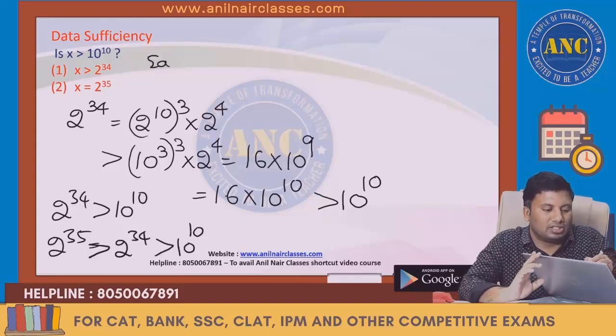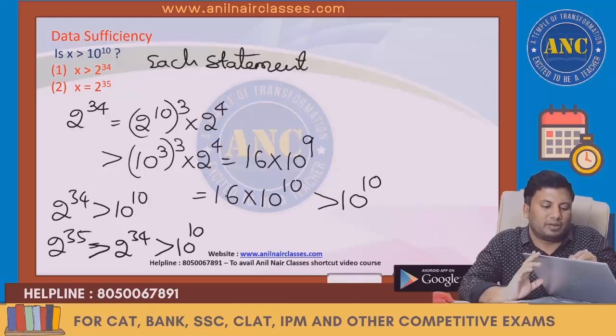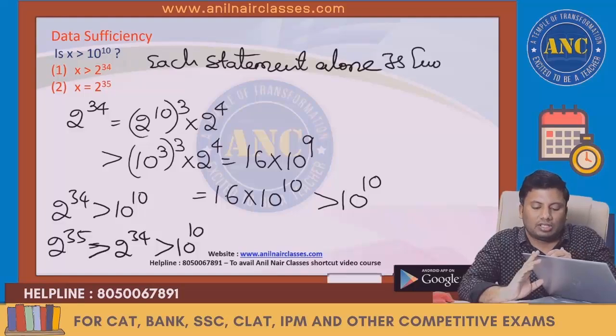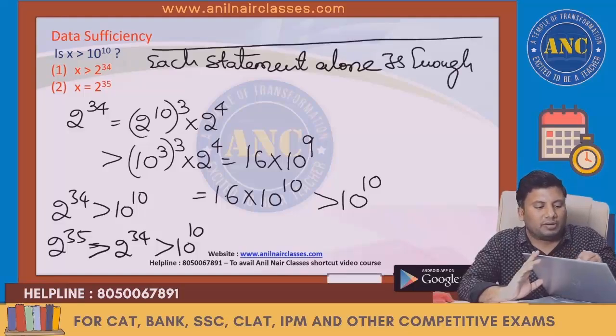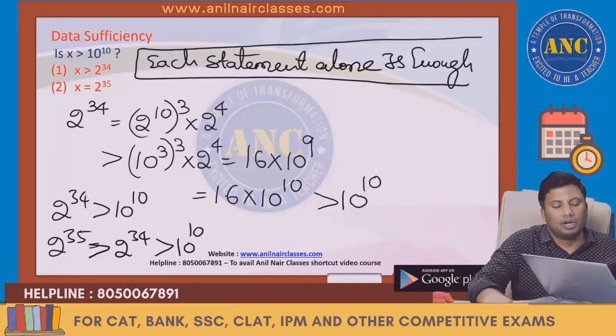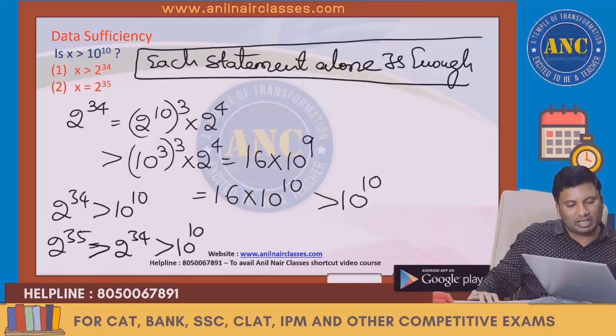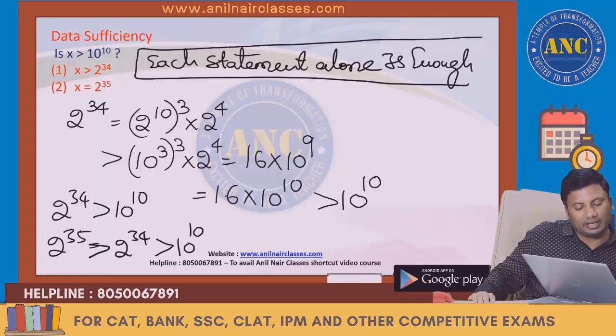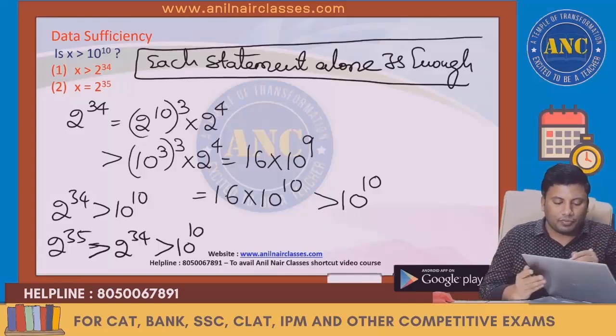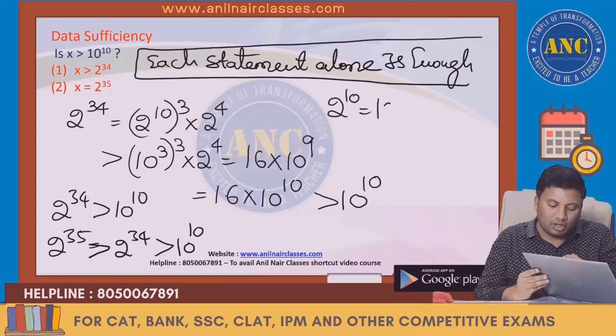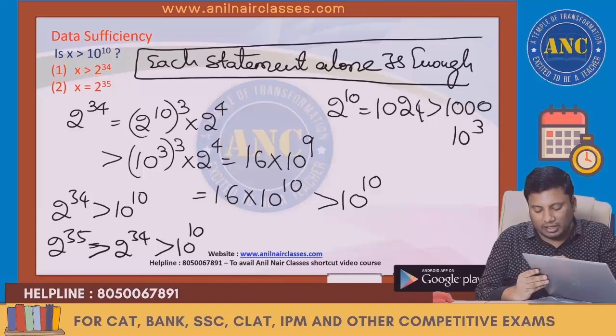So, the answer is each statement alone is enough. I hope the idea is clear. 2 power 34 is 2 power 10 whole power 3 into 2 power 4. 2 power 10 is 1024, which is greater than 1000, and 1000 is nothing but 10 cube.